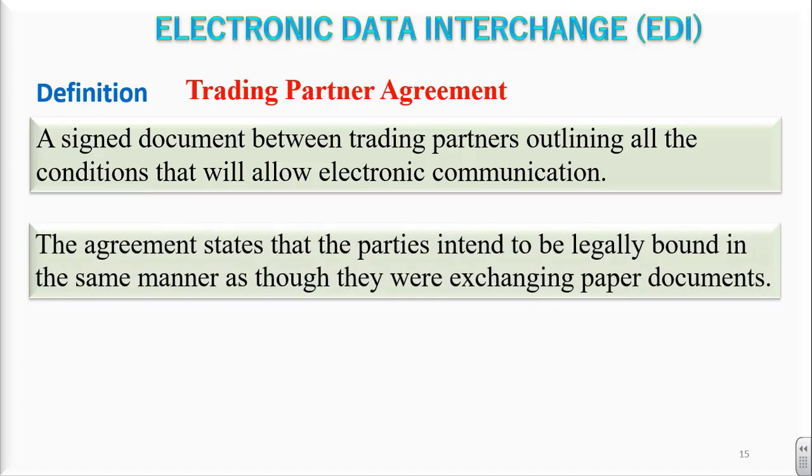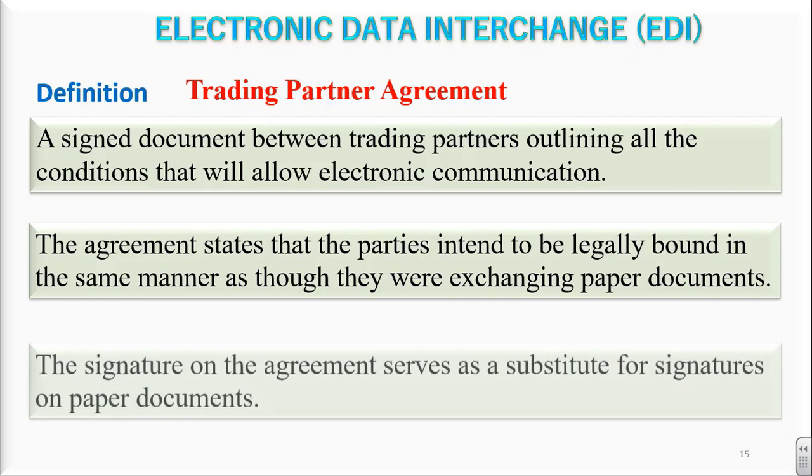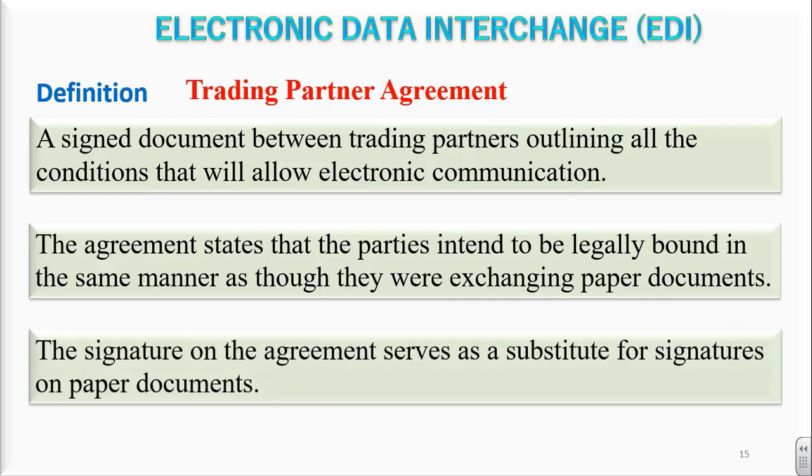The agreement states that the parties intend to be legally bound in the same manner as if they were exchanging paper documents. The signature on the agreement serves as a substitute for signatures on paper documents. It means the digital signature on the agreement serves as a substitute for signatures on paper documents.